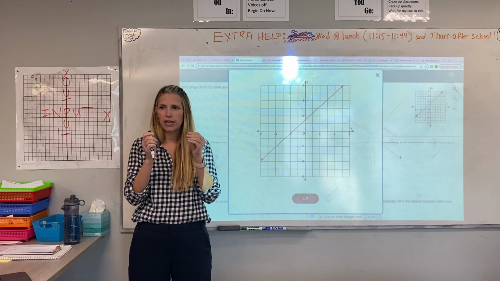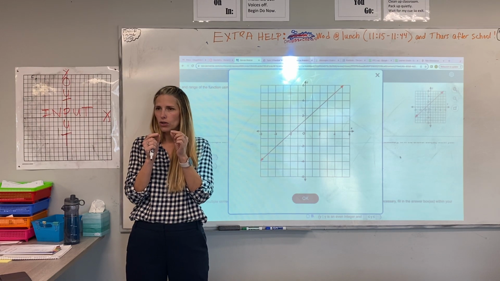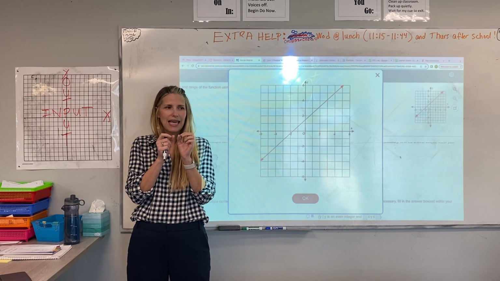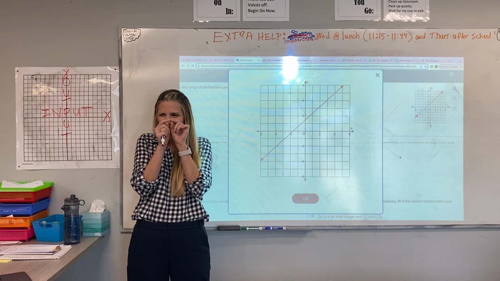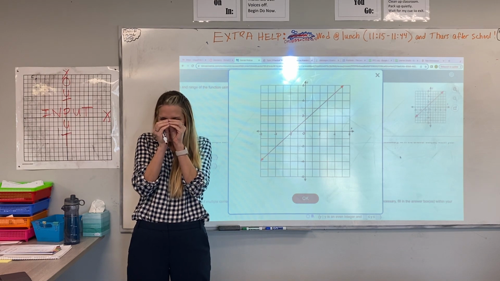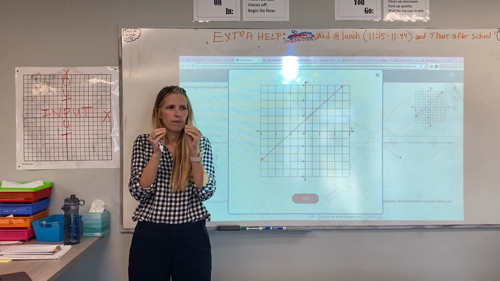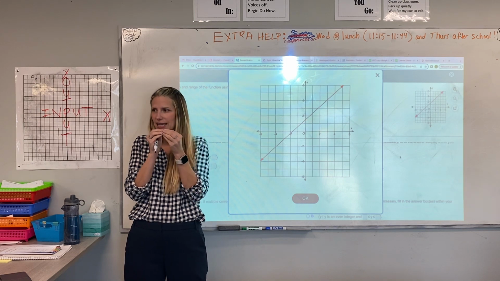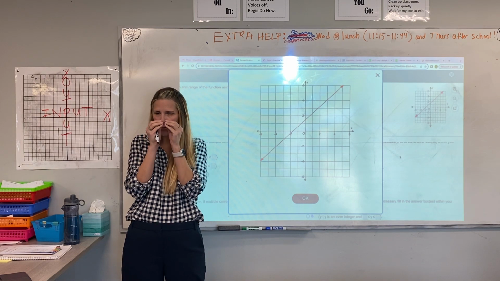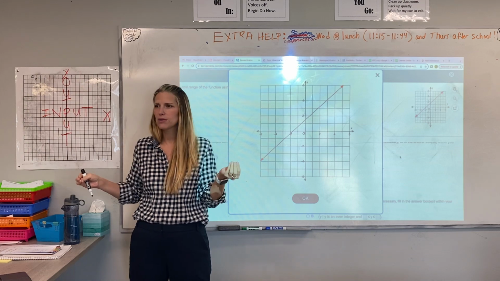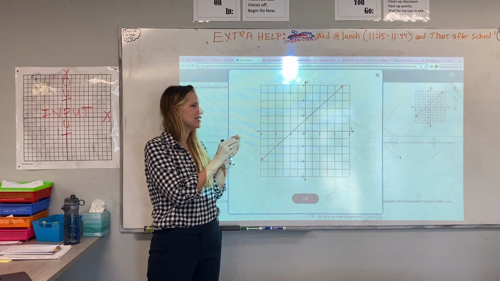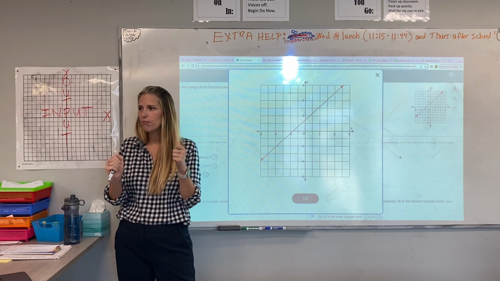It looks like a line, but it's every tiny little point on the graph, and they connect together because they're so close to each other that it forms a line. So it's every coordinate pair joining together to make a line.